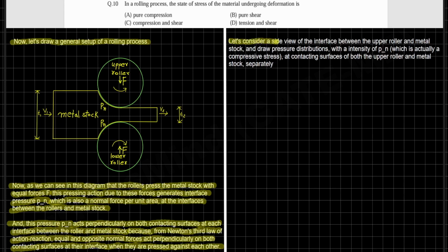Let's consider a side view of the interface between the upper roller and metal stock and draw pressure distributions with an intensity of Pn, which is actually a compressive stress, at contacting surfaces of both the upper roller and metal stock separately.